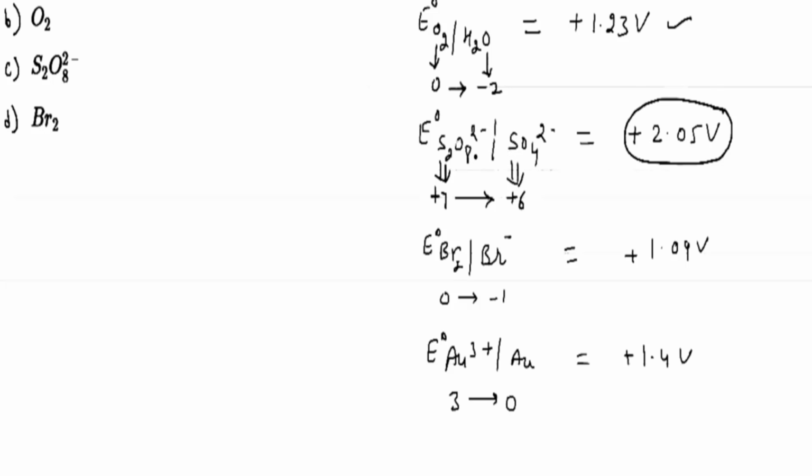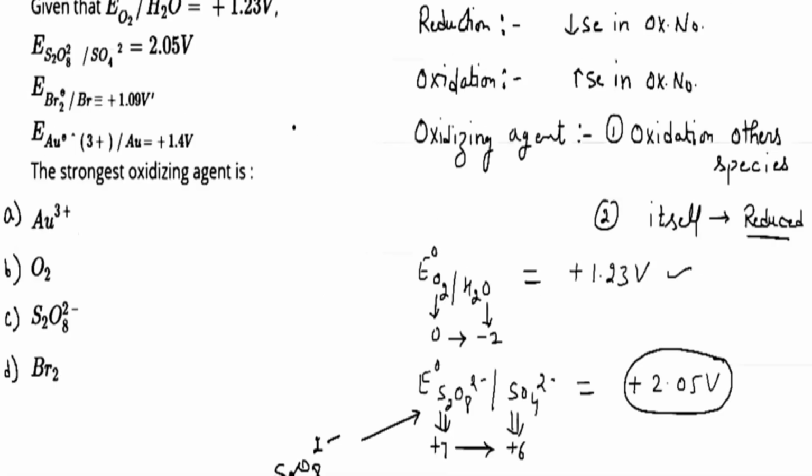So S2O8 2- is the strongest oxidizing agent, which is converting into SO4 2-. So our correct answer will be C.